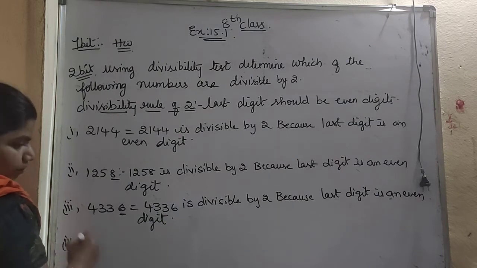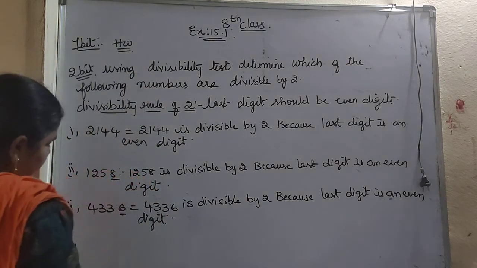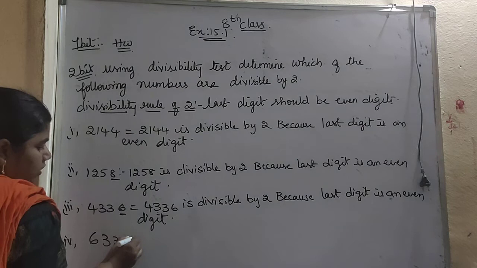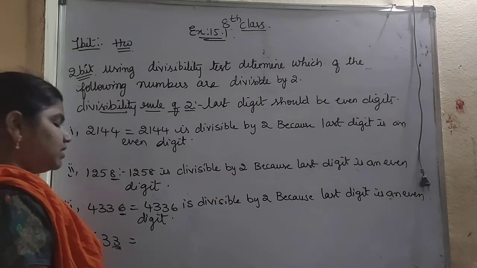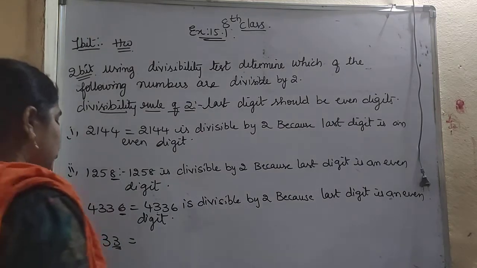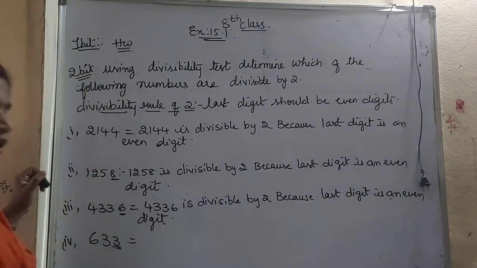Next, the fourth one. The fourth number is 633. What is the last digit? The last digit is 3. Can you say it is divisible by 2? No, because 3 is an odd number, an odd digit. So this value is not divisible by 2.